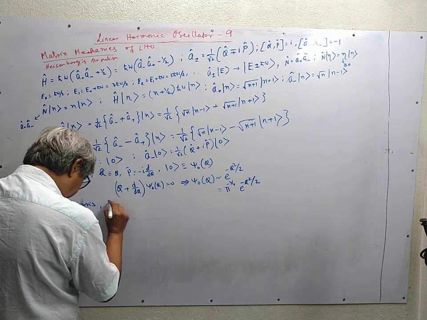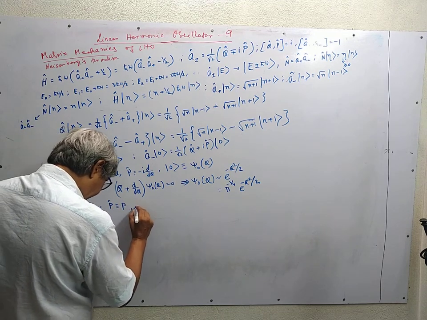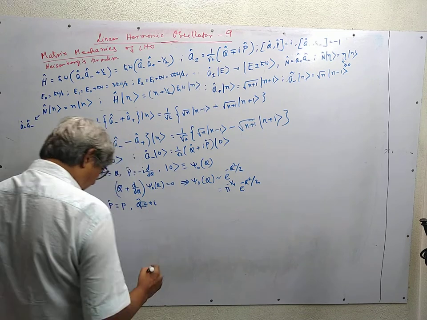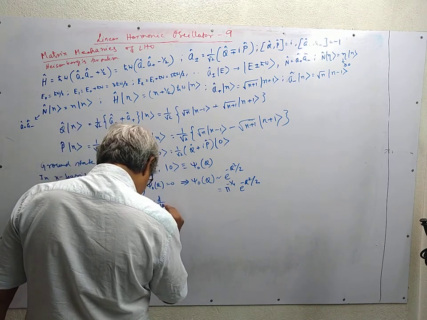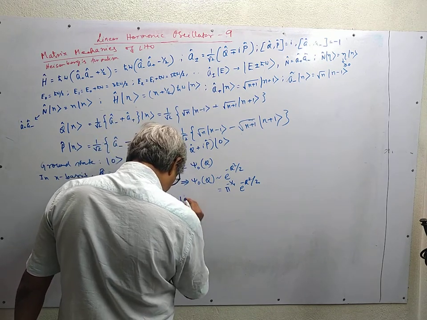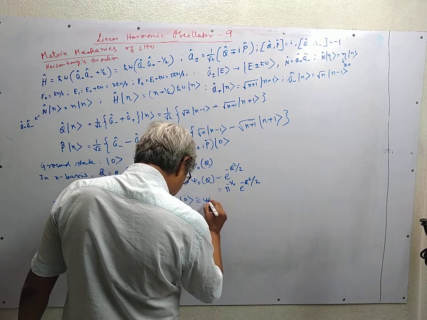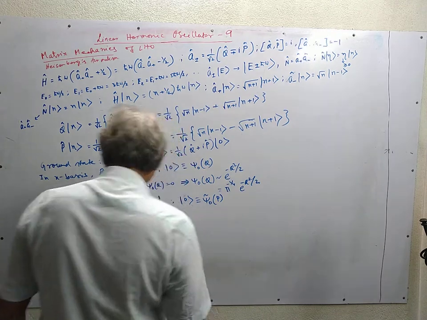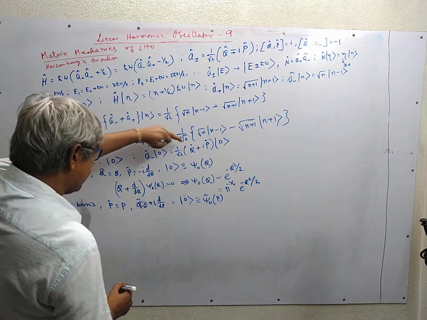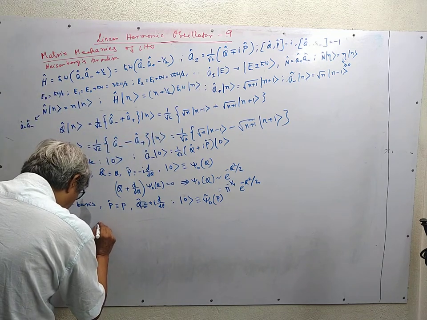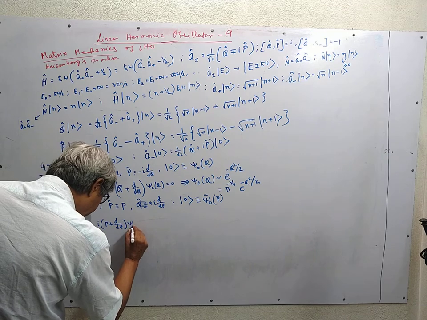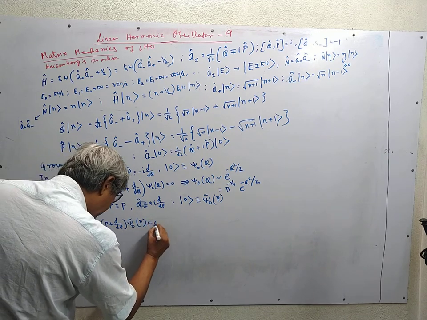We have P operator equivalent to P, and Q operator equal to plus i d/dp, and the wave function is psi 0 tilde of P. So this equation becomes i taken common, P plus d/dp operating on psi 0 tilde of P is equal to 0.